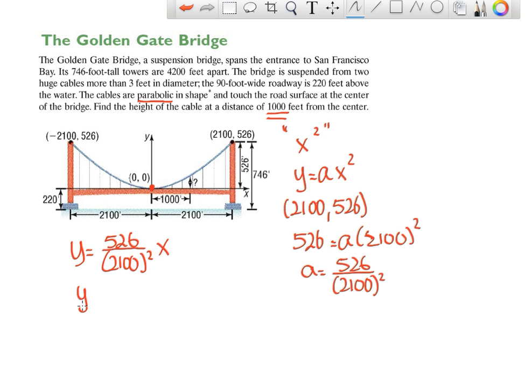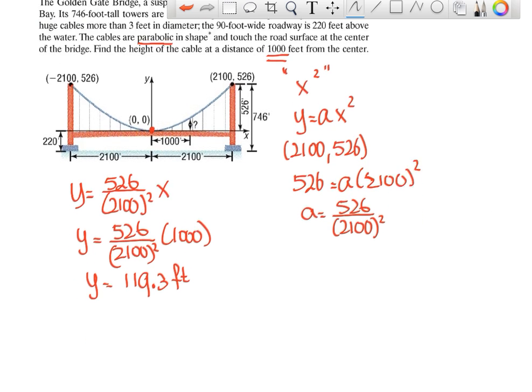So plug in 1,000. Make sure you get a calculator. And if you do this, then y ends up being 119.3 feet approximately. Alright, next one.